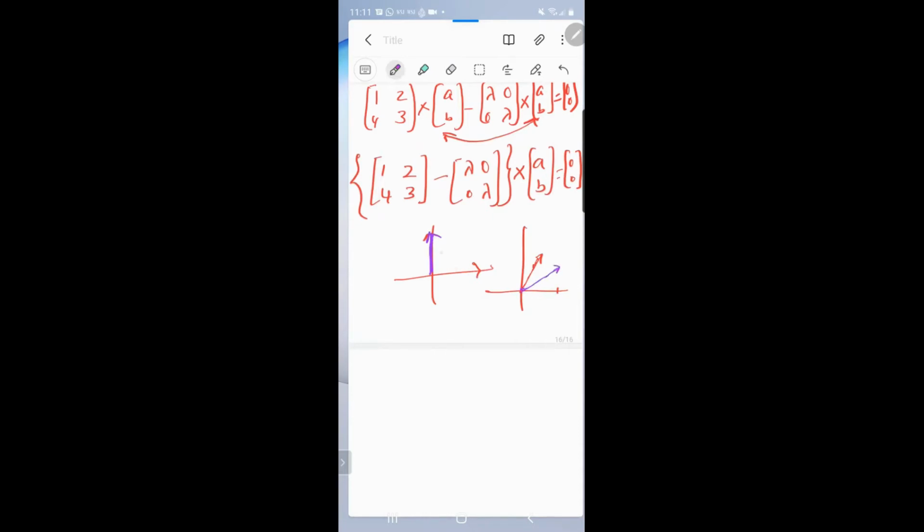Somehow after my transformation, this vector along this direction ended up here, and this vector along this direction ended up here. So some sort of squishing, rotating, twisting, whatever, some transformation that led to this.